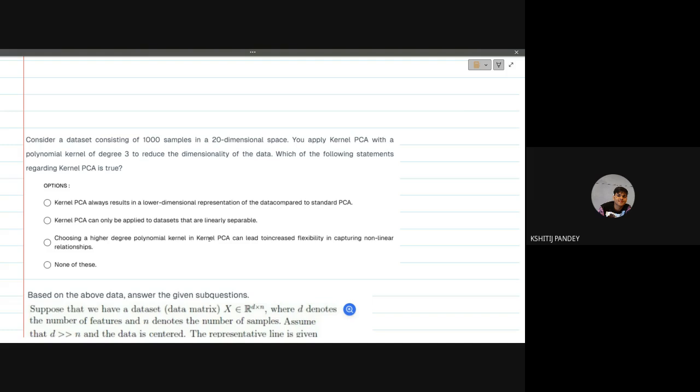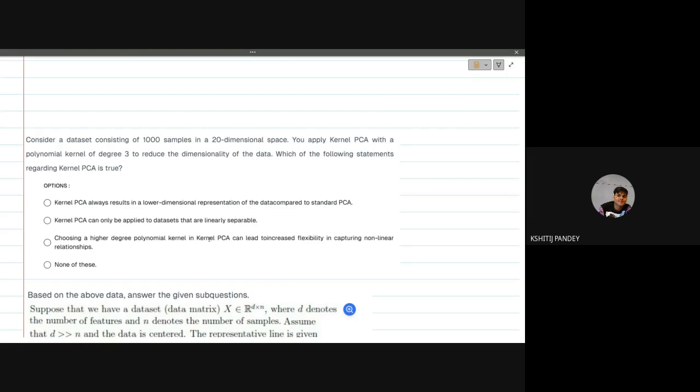Kernel PCA always results in a lower dimensional representation of data compared to standard PCA. Is this always true? Few moments ago we discussed what happens in kernel PCA.